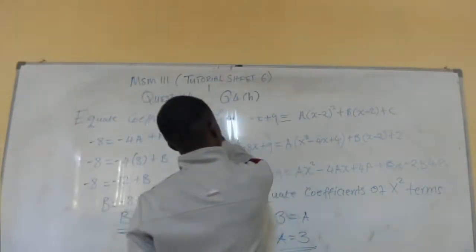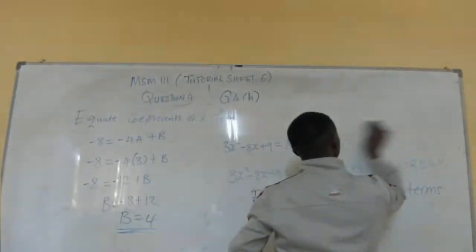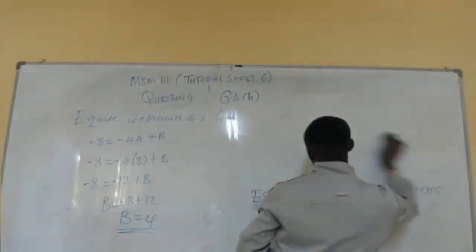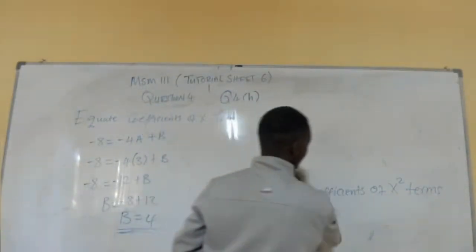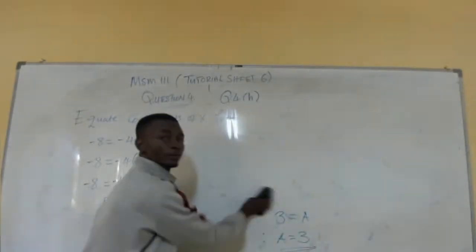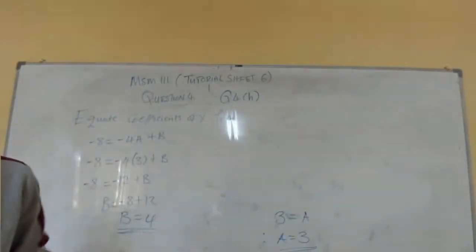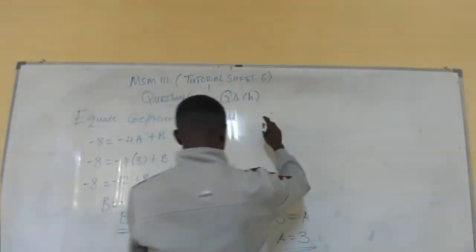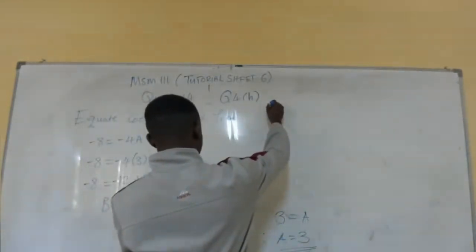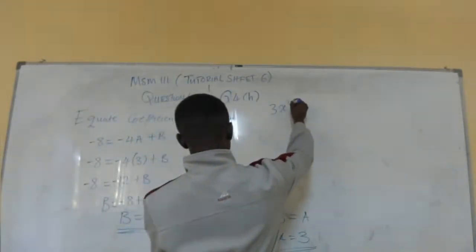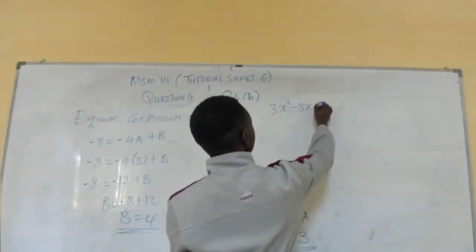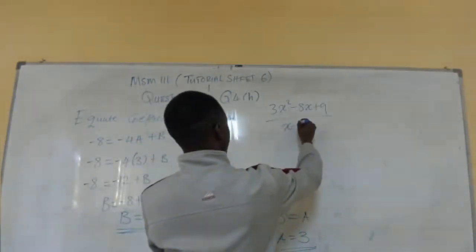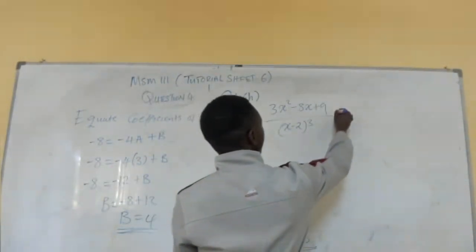So now since we know the values of a, b, and c, let's resolve that expression we've been given into partial fractions. The expression we've been given is 3x squared minus 8x plus 9 over x minus 2 to the power 3.